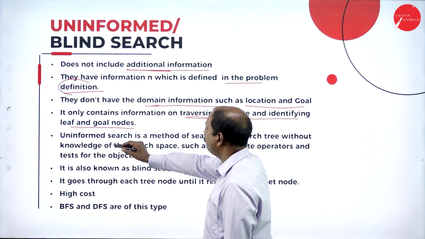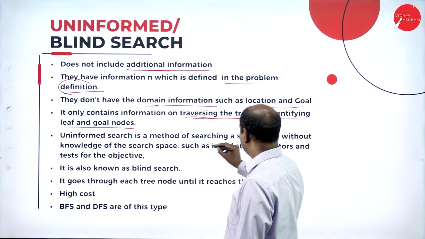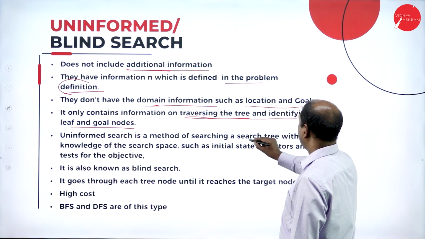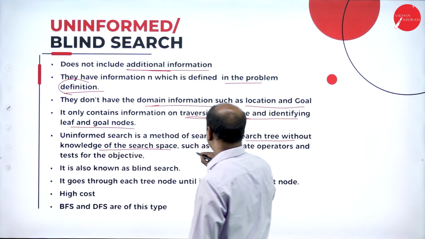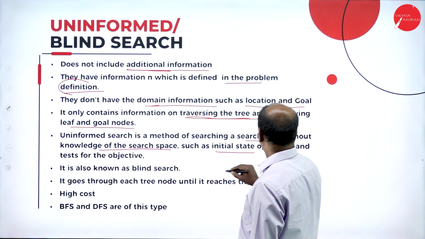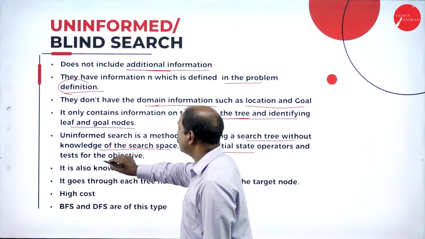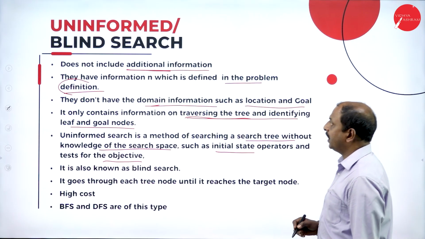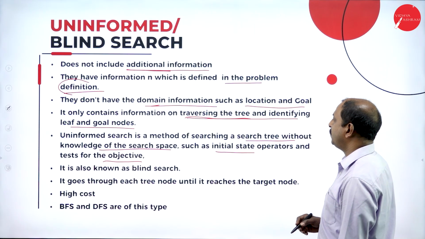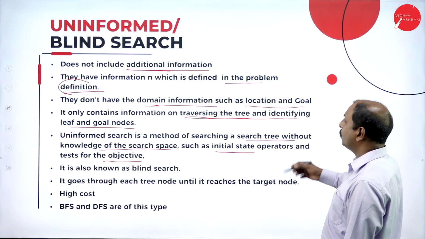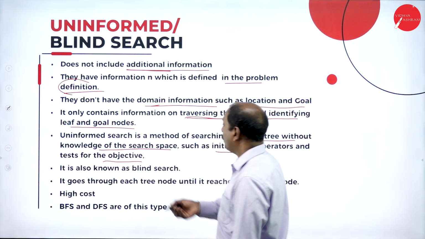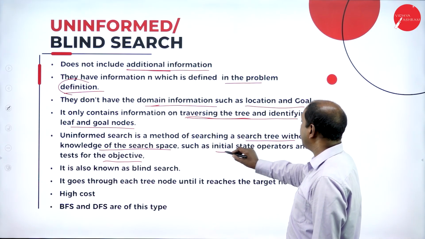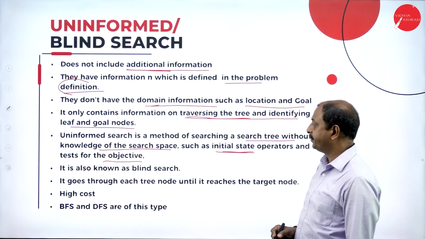Next one is uninformed search is a method of searching a search tree without the knowledge of the search space, such as initial state, operators, and test of the objectives. Uninformed search is one type of method. They don't have other information or knowledge of other objectives or the state of other paths.